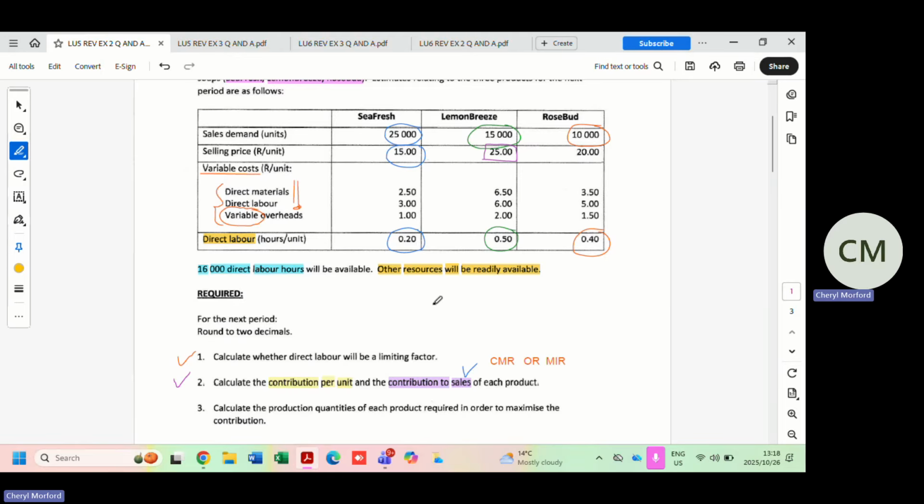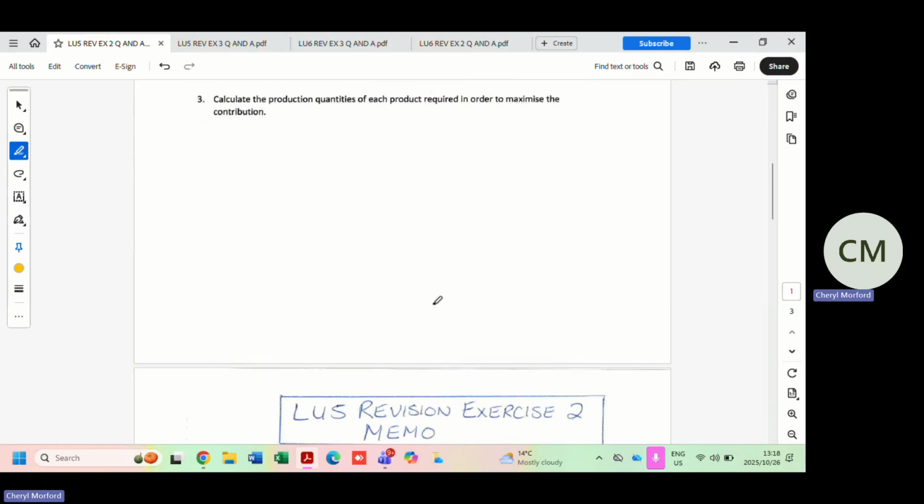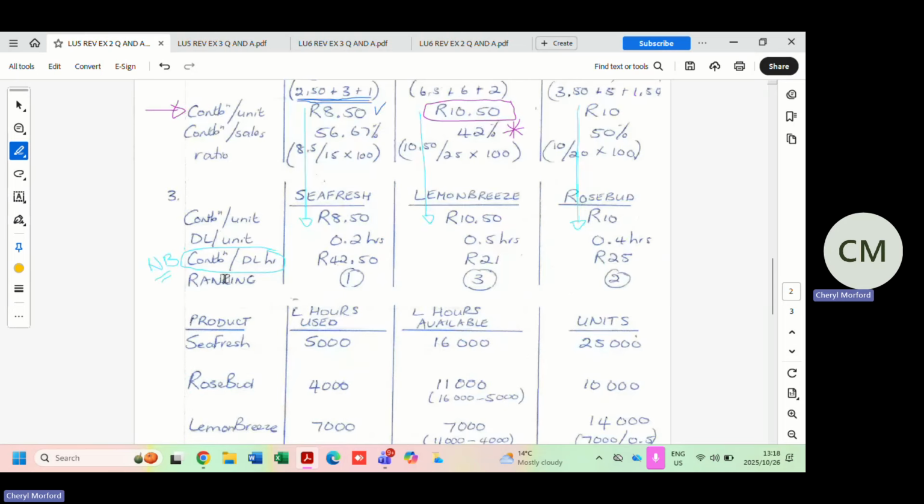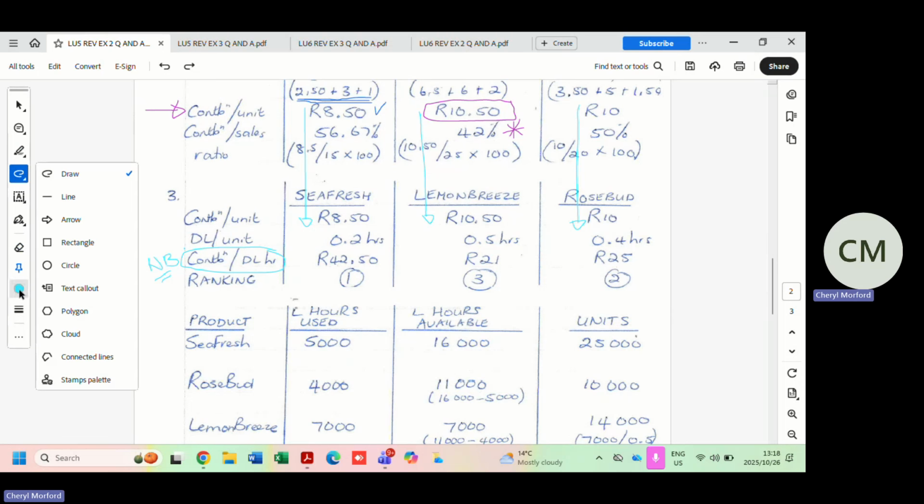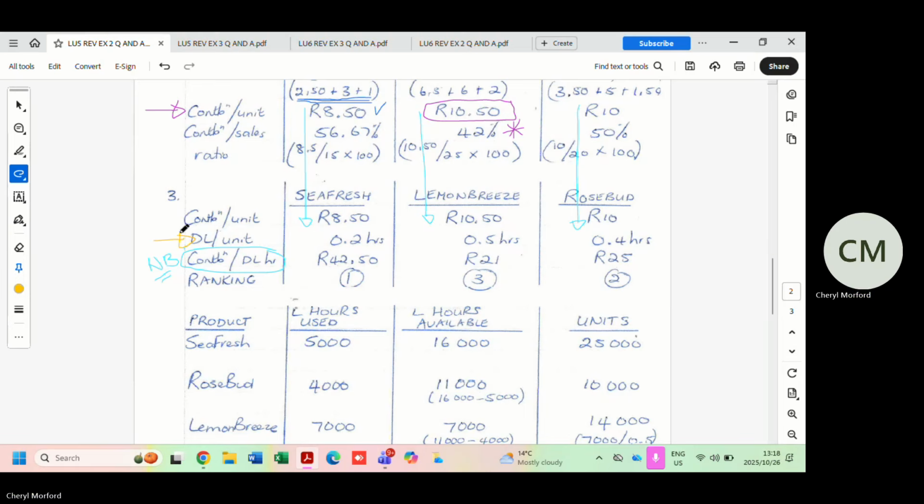We're going to take the 0.2, 0.5, and 0.4. Just remember those numbers. And we're going to put them here.